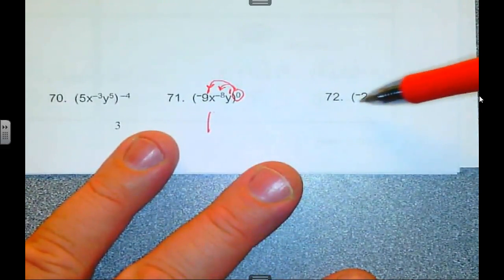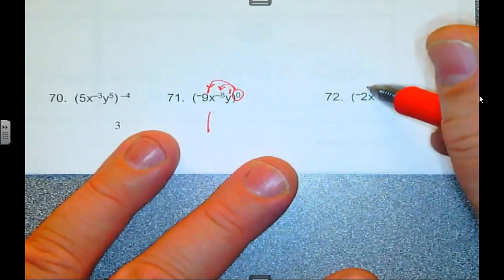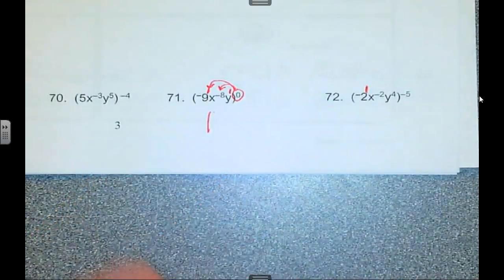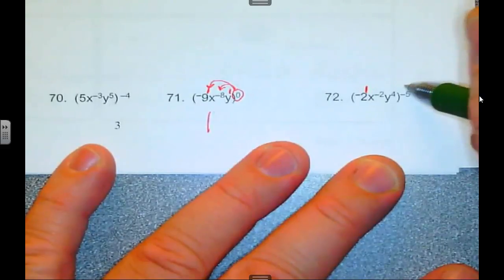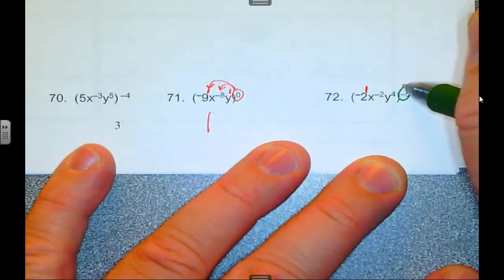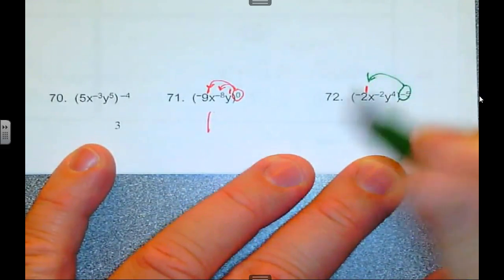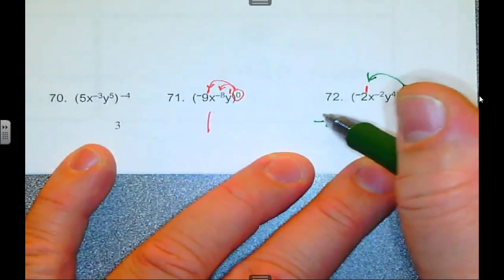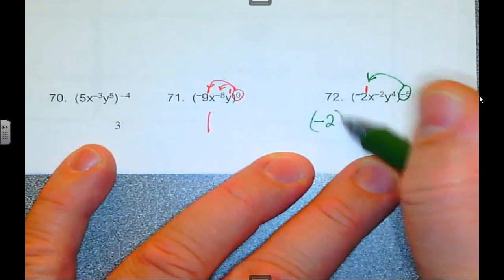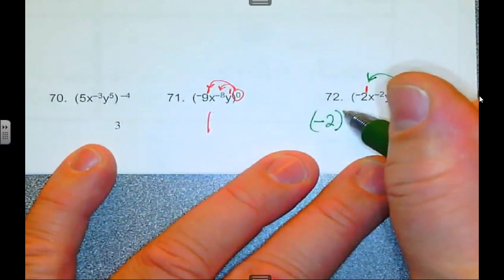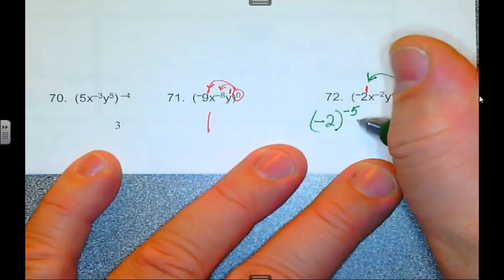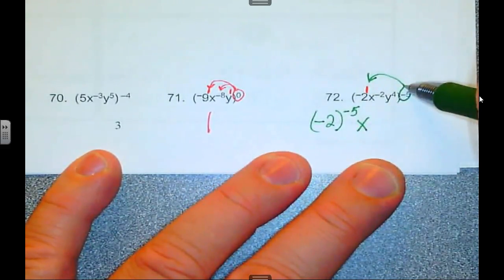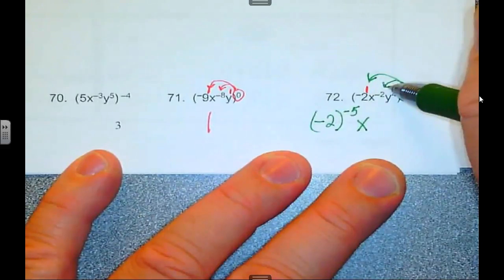I'm going to go inside my parentheses, and if there's no exponent, I'm going to put a 1 there just so that I don't mess up. Negative 2 to the 1 times negative 5 is negative 2, and because I don't want to screw up negatives, I'm going to put that in parentheses to the negative 5. X to the positive 10, right?